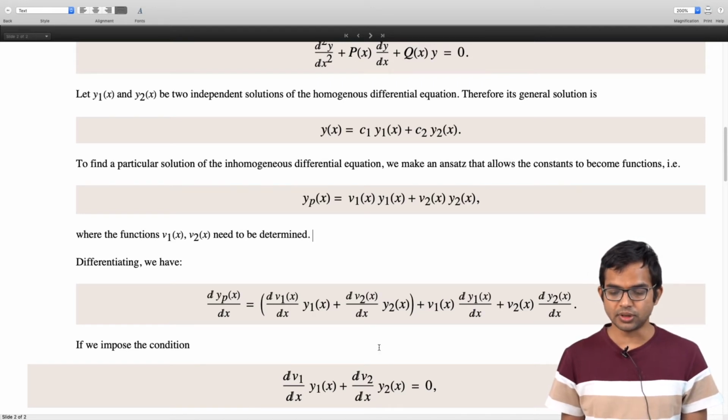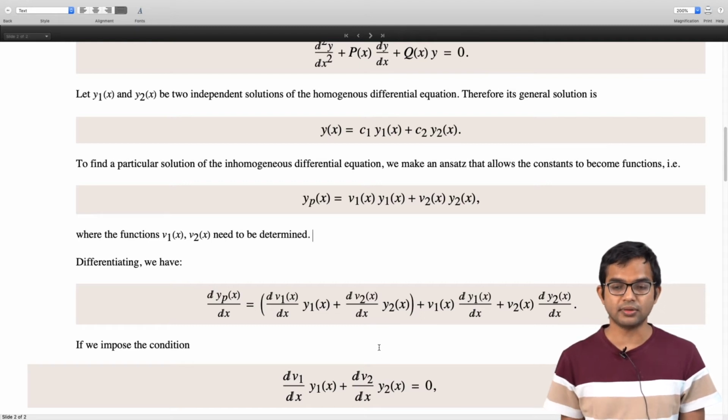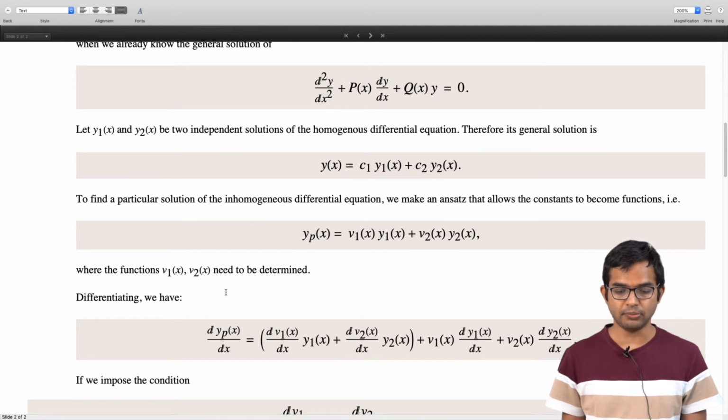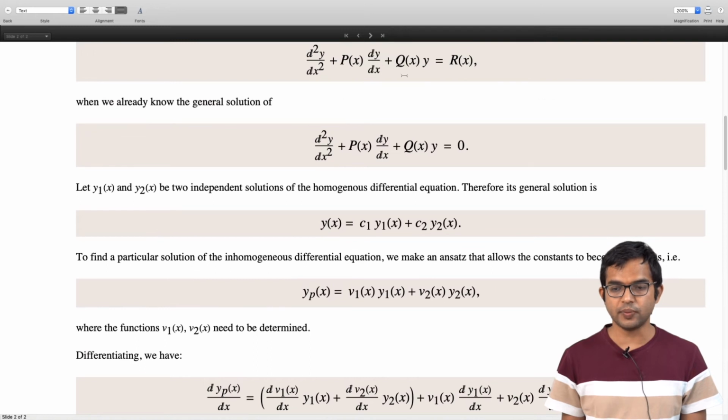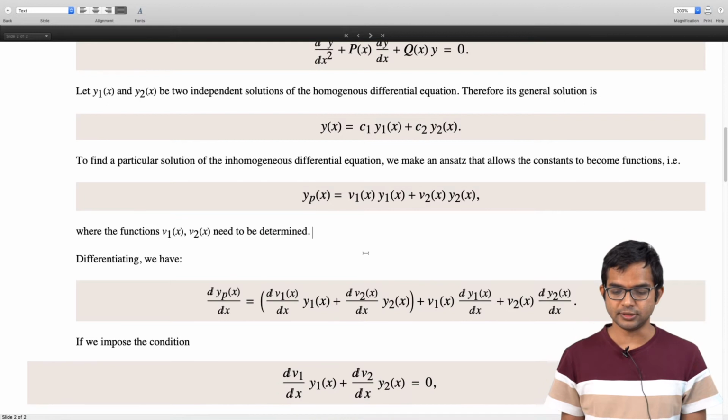If you put this condition, it will greatly simplify the second derivative. After all, we have to find the second derivative of this yp and then plug back into the original differential equation and make sure that it all agrees.